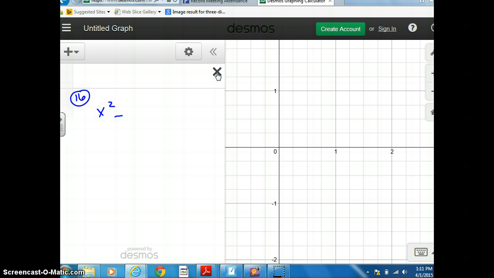We have x squared minus 4 in the numerator, and x cubed minus 5x squared plus 6x in the denominator. The first thing we're going to look at is the vertical asymptote, and that's going to be where the denominator equals 0. So that's what we want to look at.